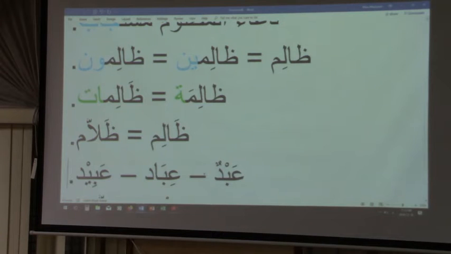Easy way to remember abdun: Abdullah, servant of Allah. Abdul Rahman, servant of the Most Kind. Right? Abdun is a servant or a slave. Plural: ibadullah, servants of Allah. Ibad al-Rahman alladhina yamshuna. Later inshallah we'll do the verse.